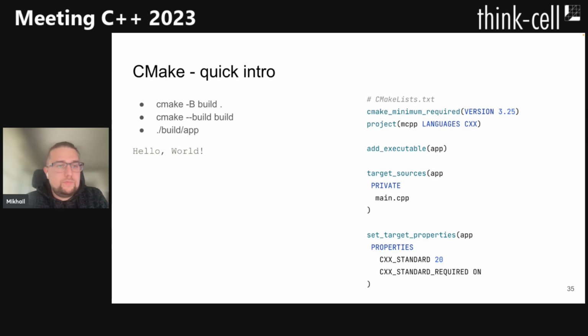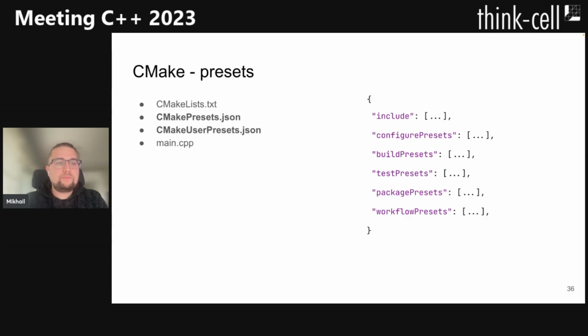Okay, hello world. So as I said, CMake has bad defaults, and you don't want to remember all the time what to do and how to configure your projects. There is a solution for that, and it's called CMake presets. CMake presets are basically two JSON files. One of them you're supposed to keep in your repository, so it's CMakePresets.json. And the second one is CMakeUserPresets.json.